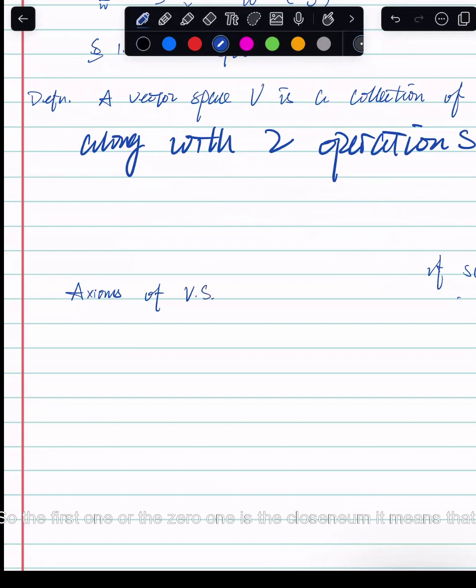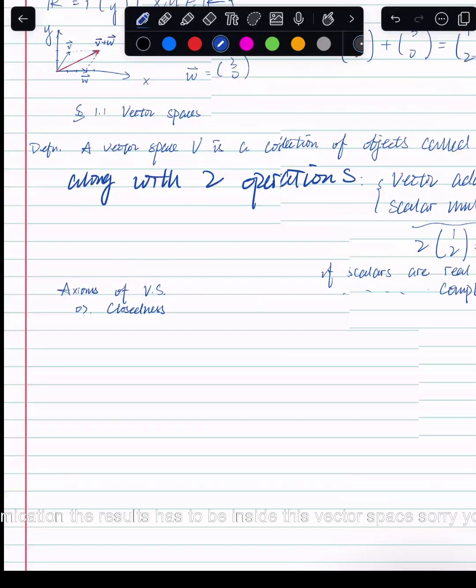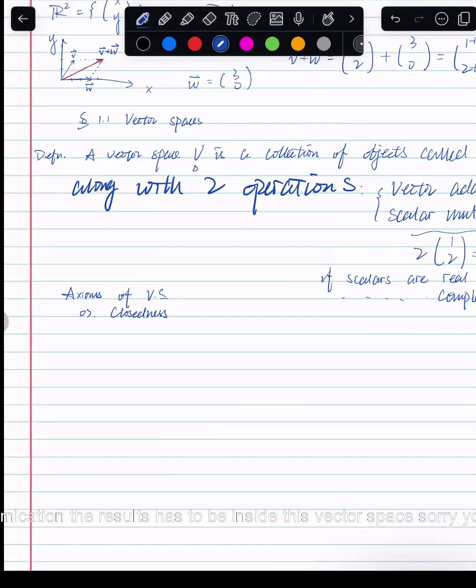The first one, or the 0th one, is closure. It means that after addition and after scalar multiplication, the result has to be inside this vector space.